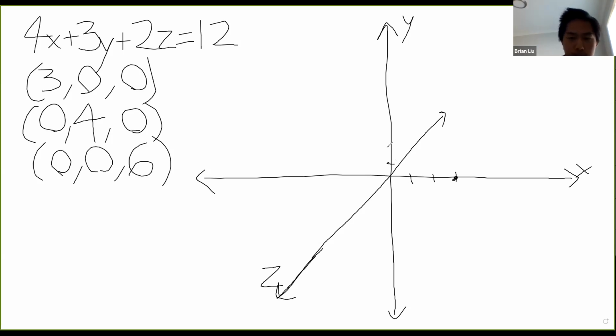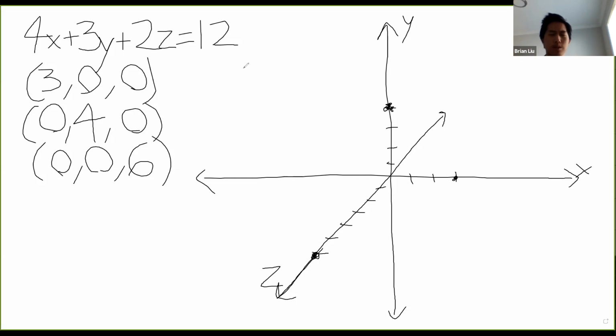So 1, 2, 3, 4. That would be this point. 0 in the x direction and 4 in the y direction. And then finally 0, 0, 6. So 1, 2, 3, 4, 5, 6. 6 in the z direction and 0 in the x and y direction. So you have 3 points that are part of all the many values of x, y, and z that satisfy 4x plus 3y plus 2z equals 12.